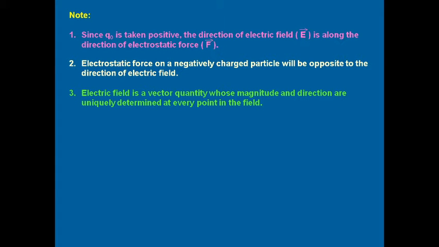Third point, electric field is a vector quantity, that means it has magnitude as well as direction at a certain point. And the fourth point, the SI unit of electric field: it is force per unit charge, so the SI unit is Newton per Coulomb.